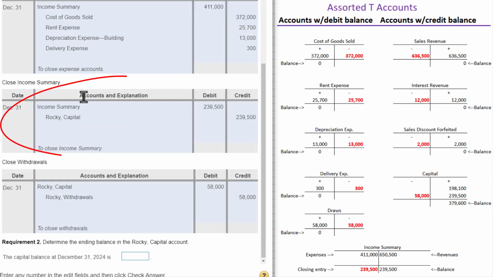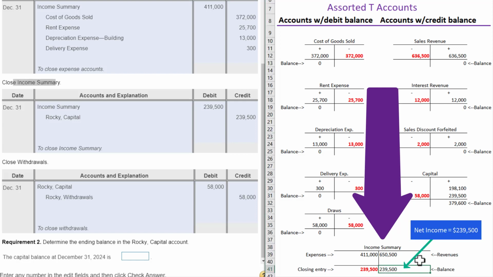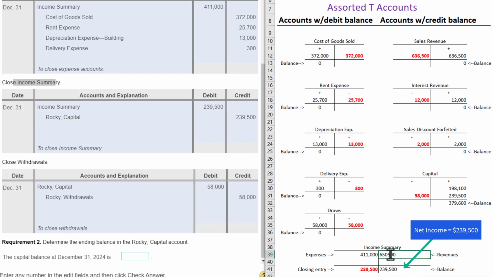One thing I forgot to mention back here when we're closing income summary. When we close this account, remember that this 239,500 represented revenues minus expenses. So basically this is net income, and we could even put that in parentheses here.